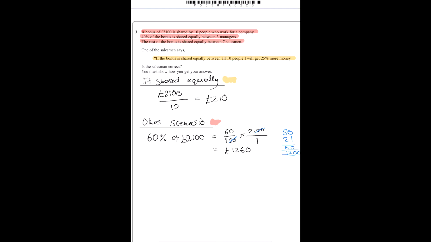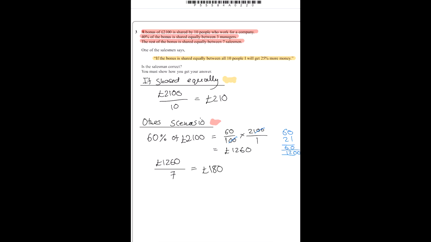So this amount of 1,260 is shared between the 7 salesmen. 1,260 divided by 7, and if we do that, we get £180.